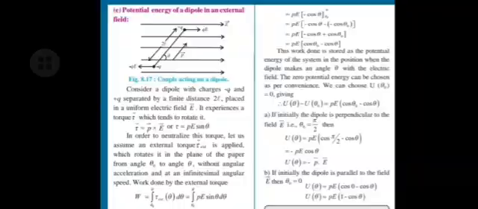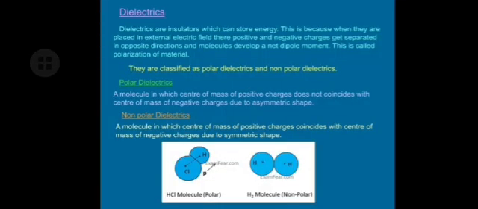So our next topic is dielectrics. 8.8 Dielectrics and electric polarization. But before that, let us talk about dielectrics. What are dielectrics? Dielectrics are insulators which are used to store electrical energy. What is the function of a dielectric? They are used to store electrical energy.